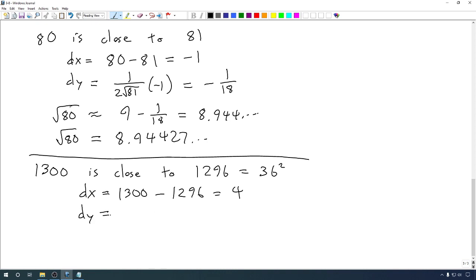We use our formula. dy is 1 over 2 times the square root of our initial x value, times dx. So this is 1 over 2 times 36, but we're also multiplying by 4. We can go ahead and cancel out the parts of the 4.